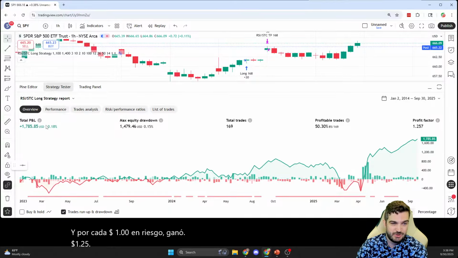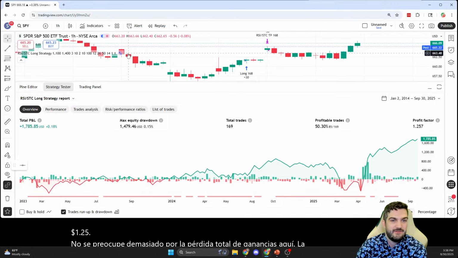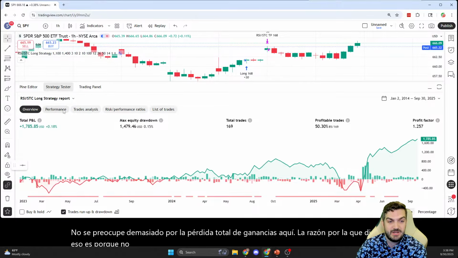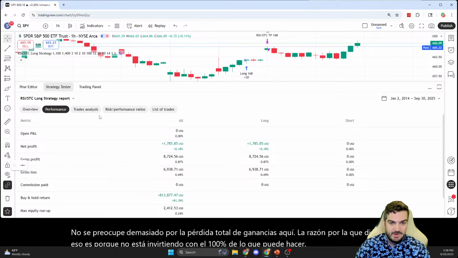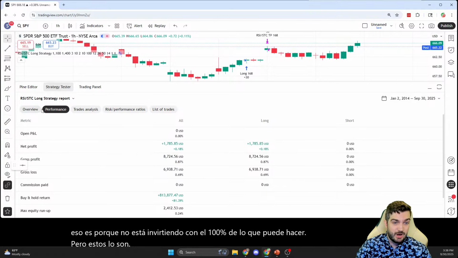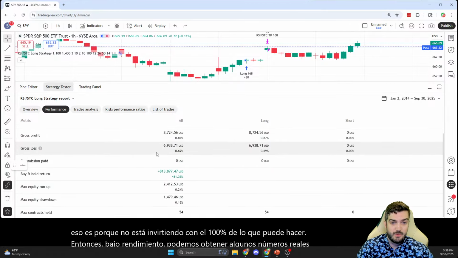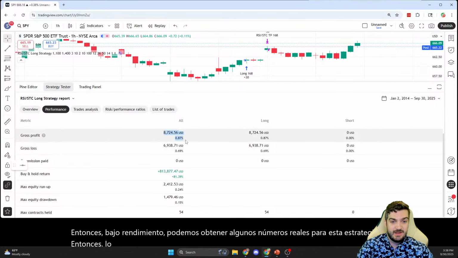Don't worry too much about the total profit and loss here. The reason it says that is because it's not investing with 100% of what it can do. But we can get some actual numbers for this strategy. So what we can see is that its average gain when it won was 0.87%.